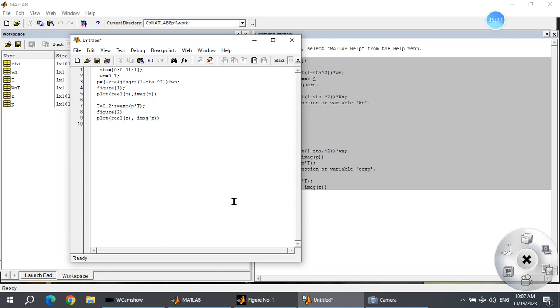Okay, now we can give more values of omega n and zeta. Here I consider this fixed, so zeta I give more. I put t in the front. T equal to 0.2.